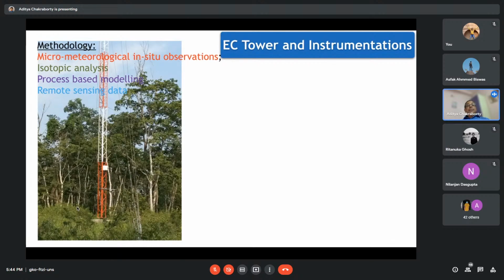So out of all these three methods, we generally rely on what we have been carrying out using the eddy-covariance, that is the direct measurement technique in an ecosystem. Process-based modeling is purely a modeling approach, and remote sensing is a slightly different method. But combining all these methods, we can have a better understanding of the carbon exchange process of any given ecosystem, and also at a country scale.